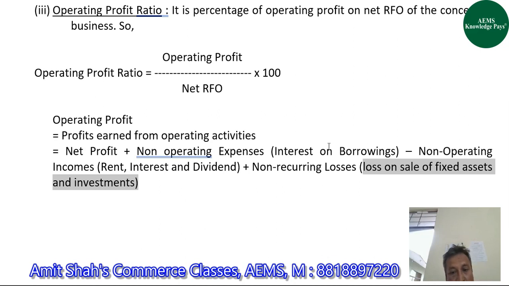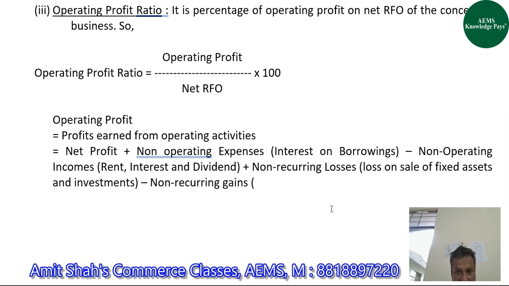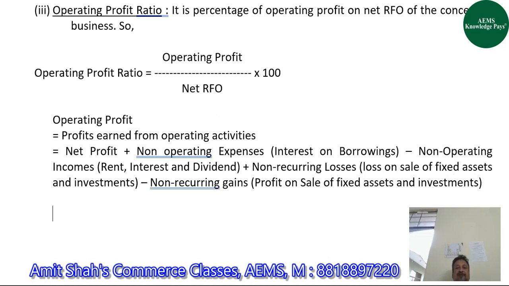And that is why they are non-recurring losses. Since these losses have decreased our net profit, that is why we are adding them back. And we subtract non-recurring gains, the same one, that is profit on sale of fixed assets and investments. So this is how we calculate our operating profit.